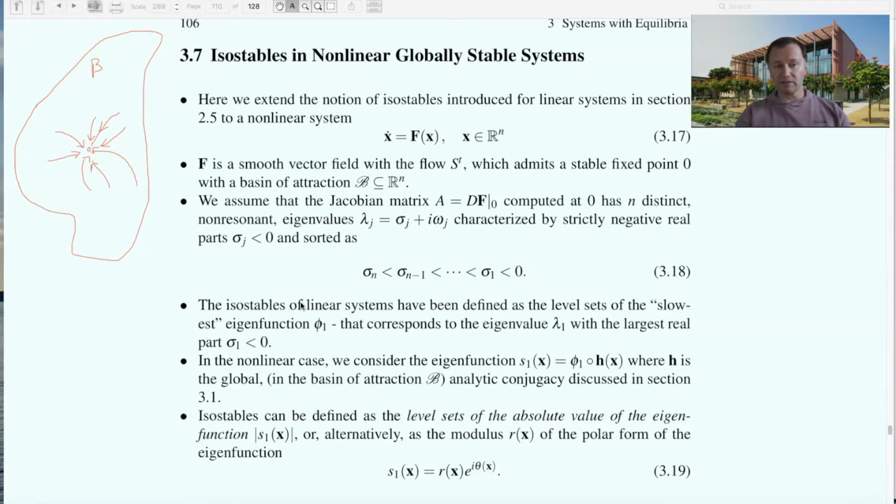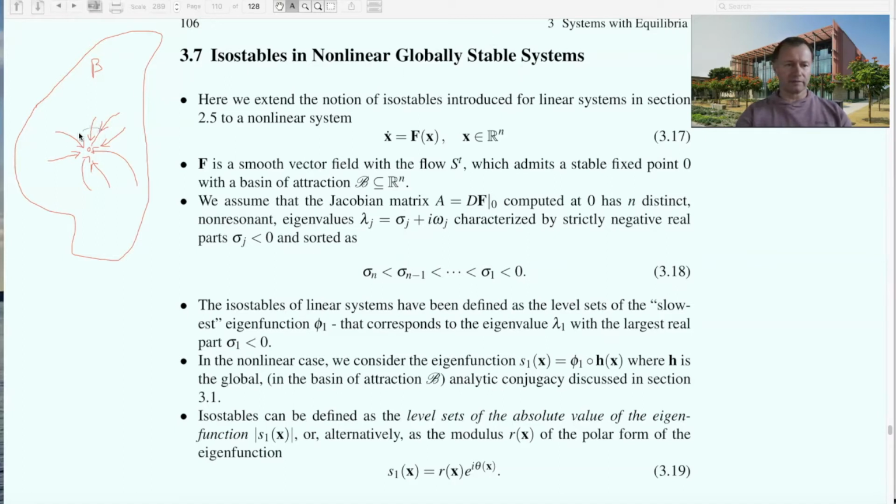Now the isostables in linear systems we defined as the level sets of the slowest eigenfunction phi_1. So what we did in linear systems is something that we would like to repeat here in the nonlinear systems case.